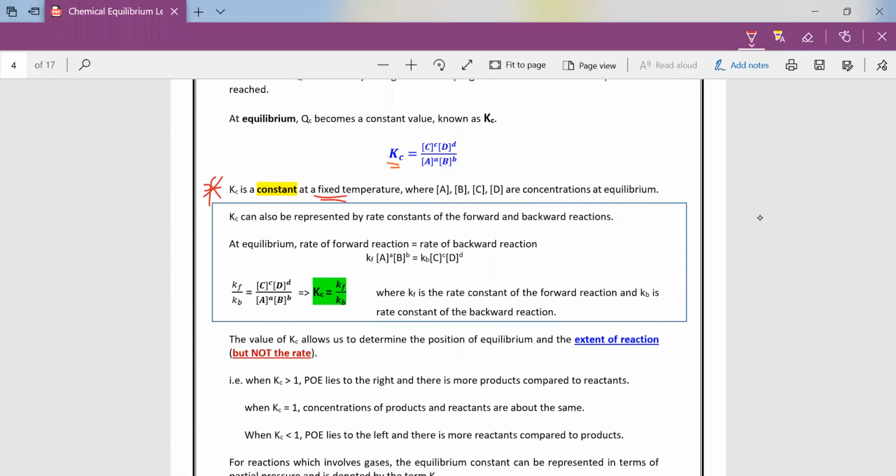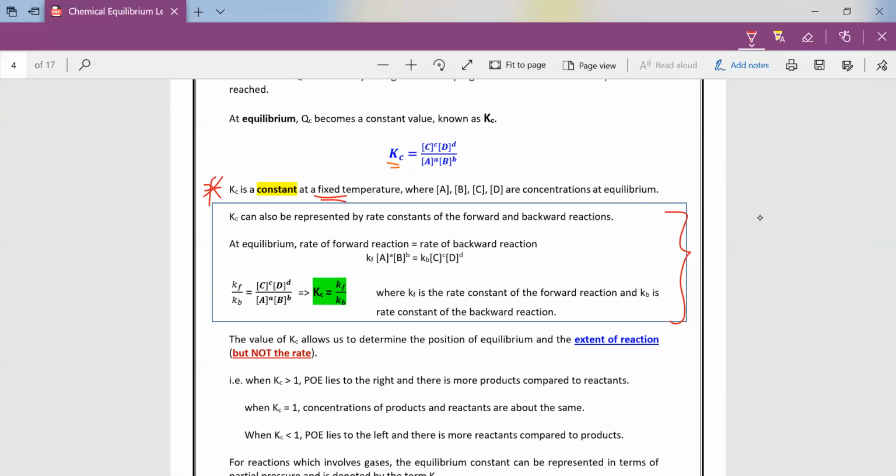This is really just FYI. Kc can be represented by your rate constant as well. If you have learned your kinetics, you will realize that the small k of the forward reaction over the small k of the backward reaction is equal to your Kc.